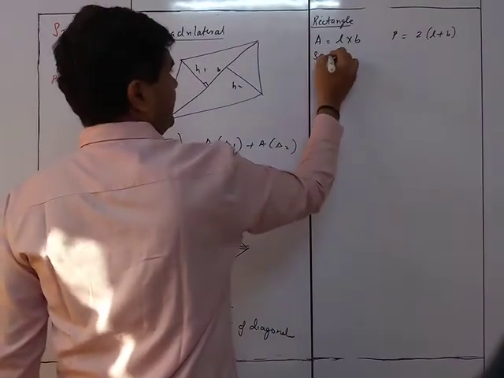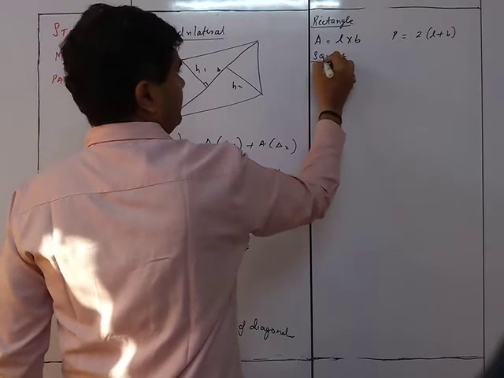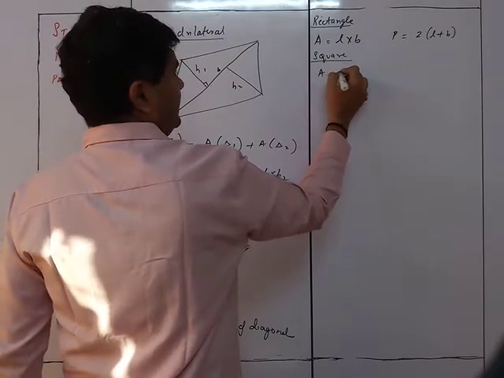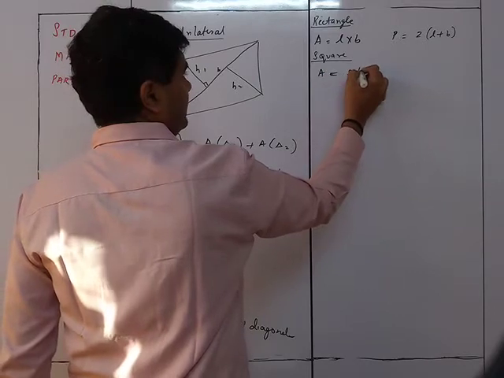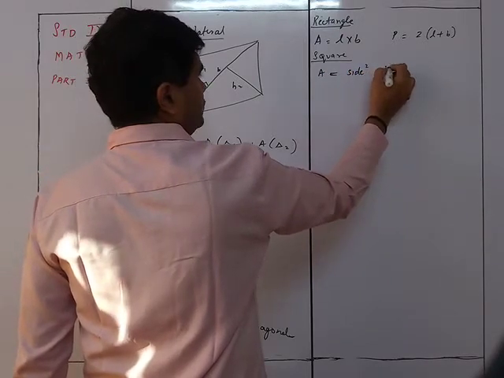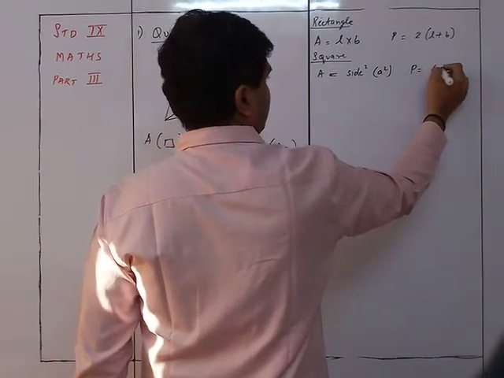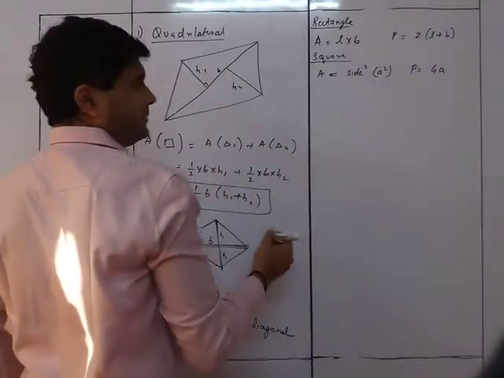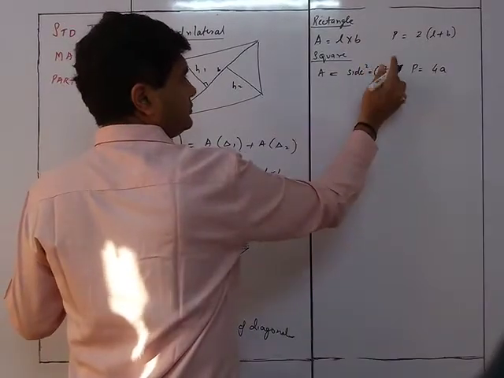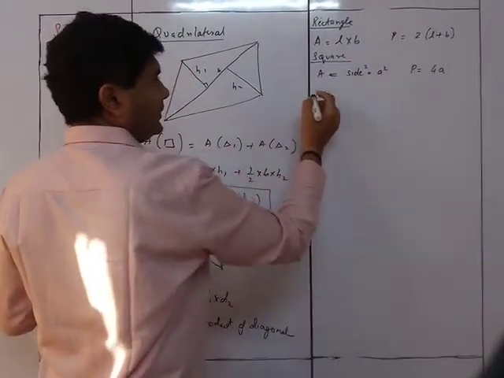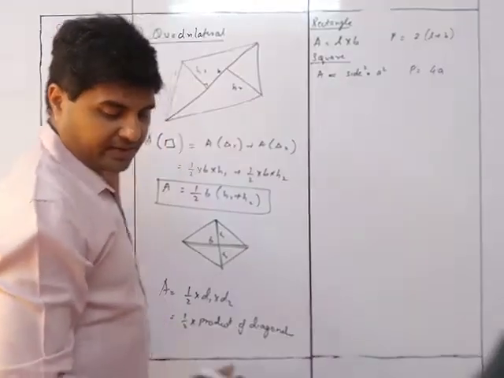Then we say square. For square we have area is equal to side square, that is nothing but A square, and perimeter is equal to 4A, 4 into side.